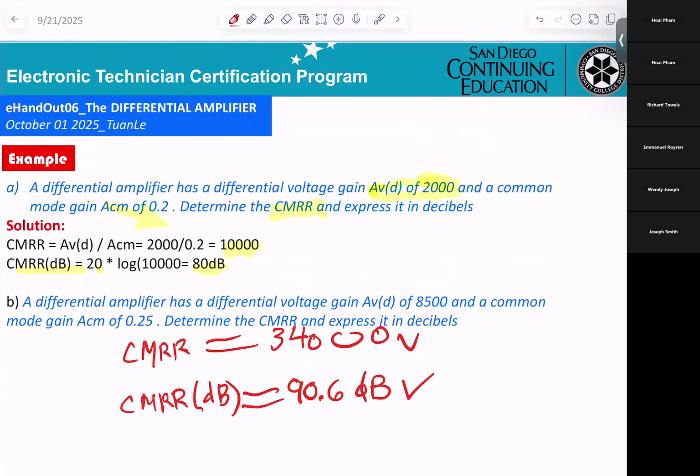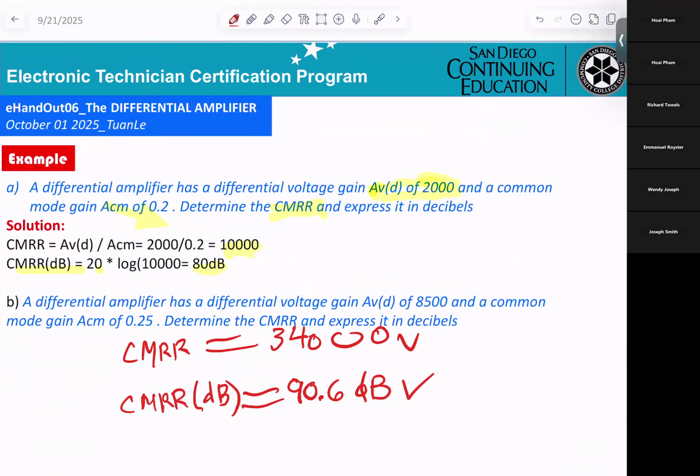They want you to determine the common mode gain, ACM, express CMRR in dB, and determine the RMS output. Now see how they explain it.